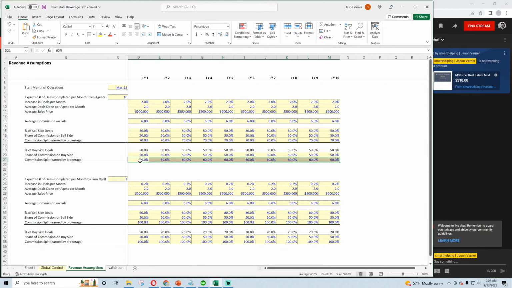1 minus whatever's in 17. Because that's how much the brokerage is getting. So times 1 minus that. 1 minus, and then we want 1 minus 17, not 16.